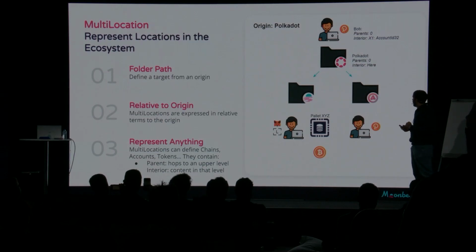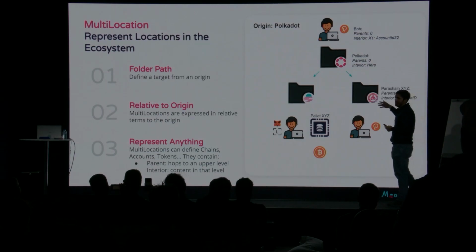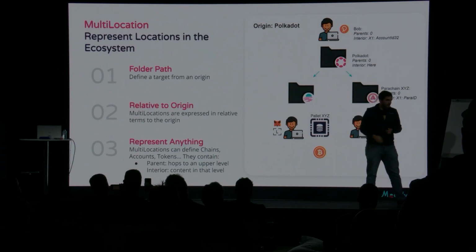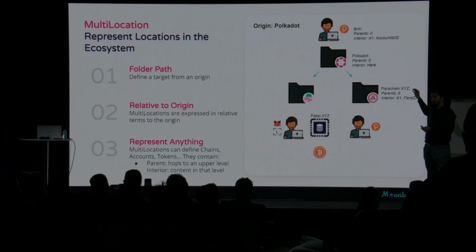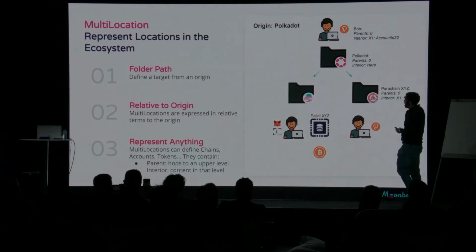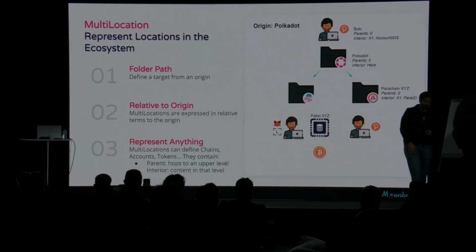If from Polkadot we want to target another parachain, as an example Acala, we need to specify only 1 field. Parents is still 0 because we're actually moving to an inner folder. We only need 1 field, interior X1, and then we provide the parachain ID.